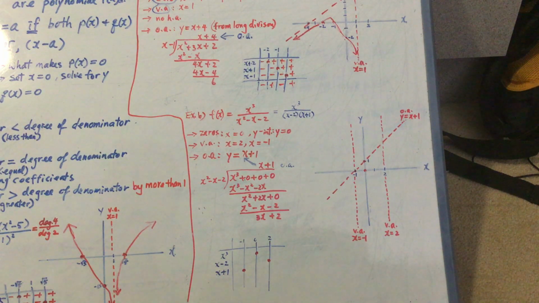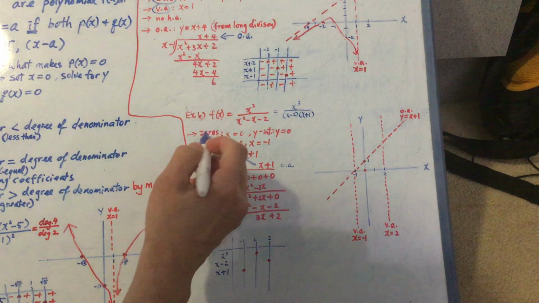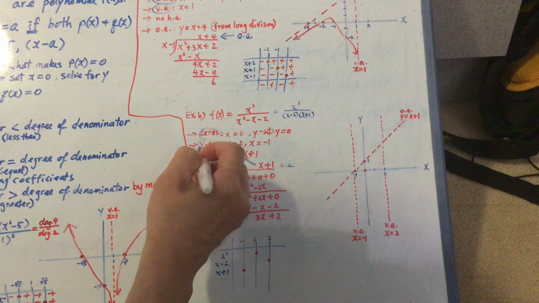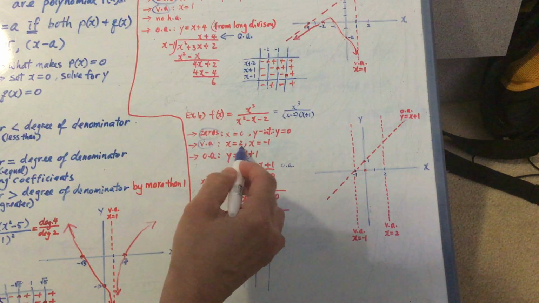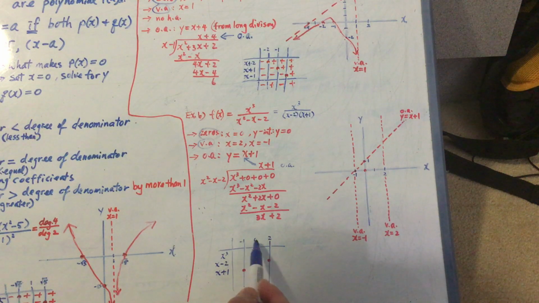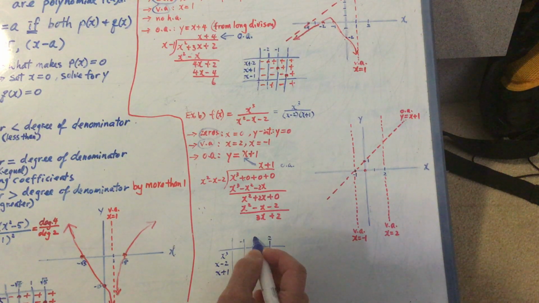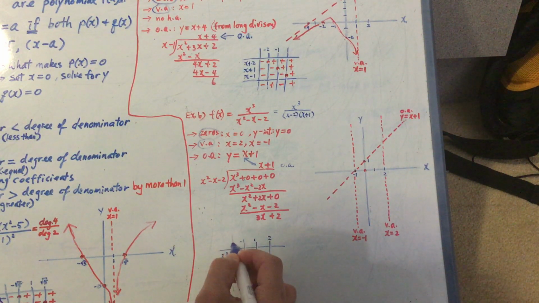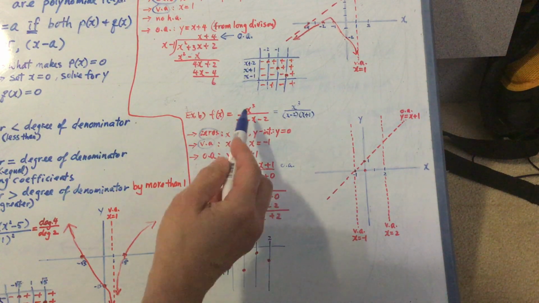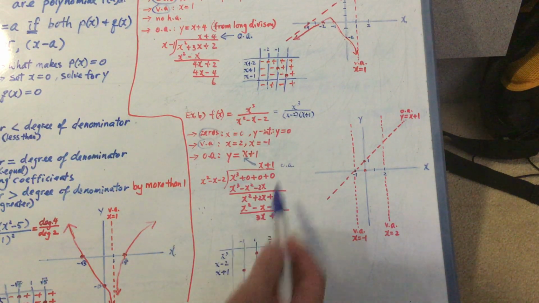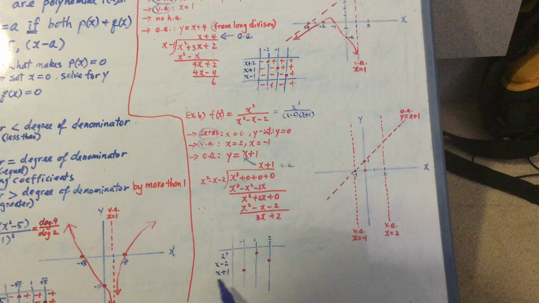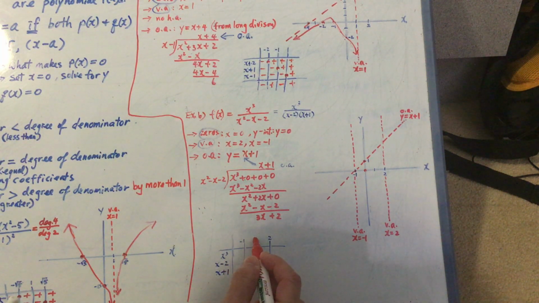So between the zeros and the VA, I have 0, 2, and -1. So -1, 0, and 2, I line them up all here, okay? And I write the factors x cubed, x minus 2, x plus 1 over here. And I put in a test value for each of the factors, okay? X cubed will turn into 0 at 0.